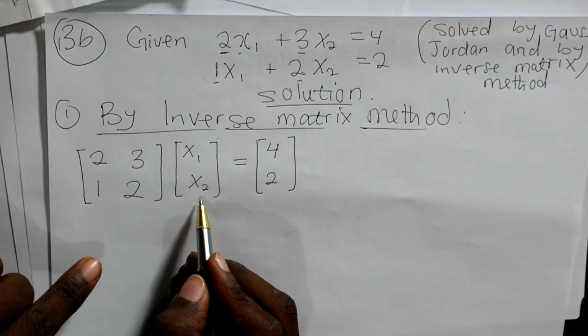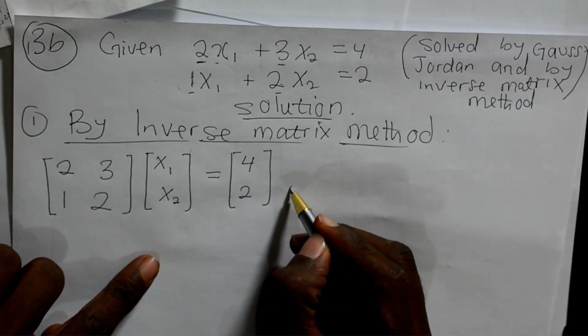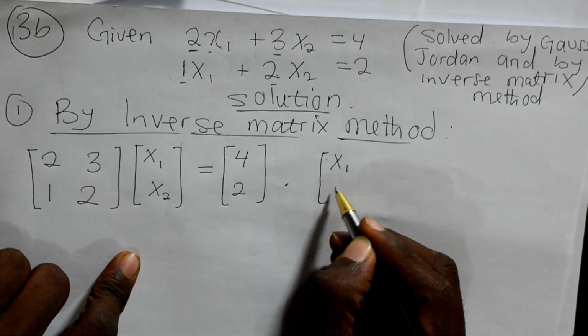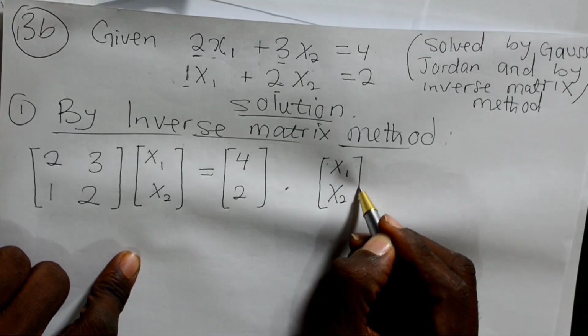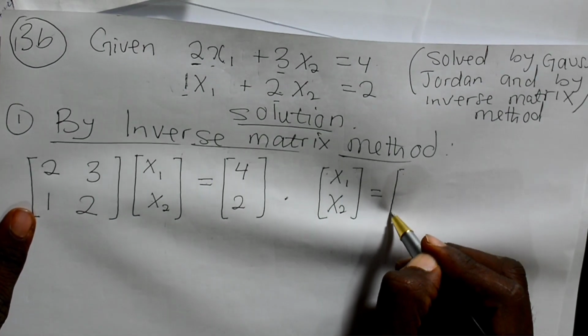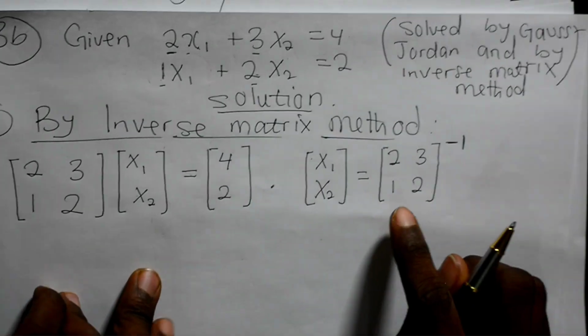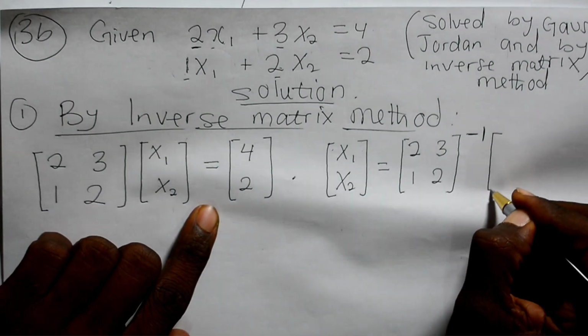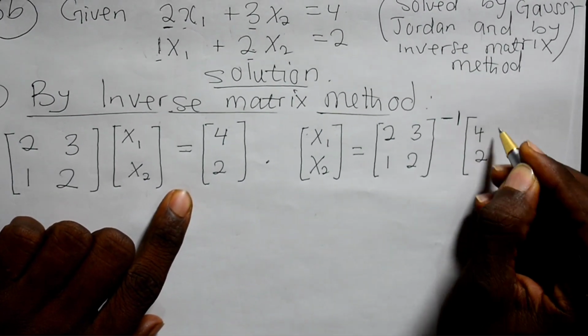Now let's try to make these variables the subject. x1, x2 will be equal to this matrix, but in the form of an inverse since it crosses the equal sign, and then the constants 4 and 2.